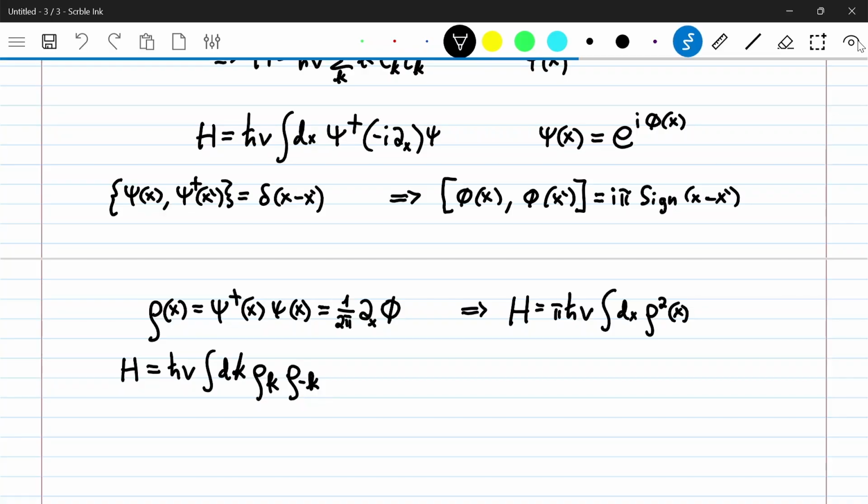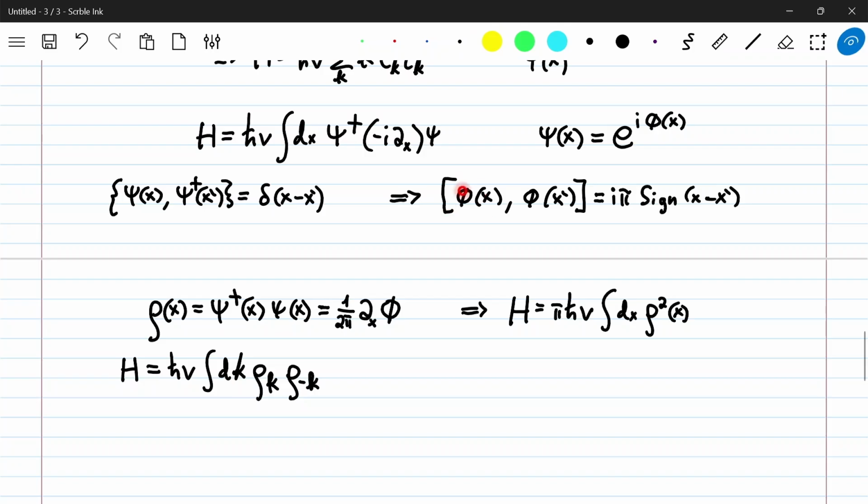Because remember that rho is a derivative of the field phi, so if phi satisfies this algebra, then the operators rho K satisfy the following commutation relations.